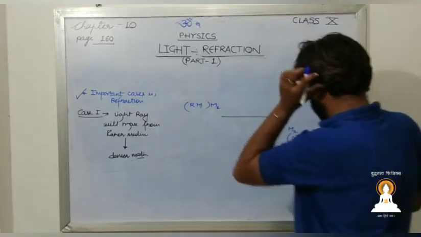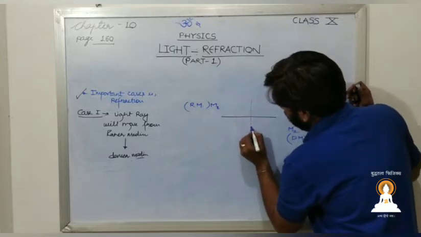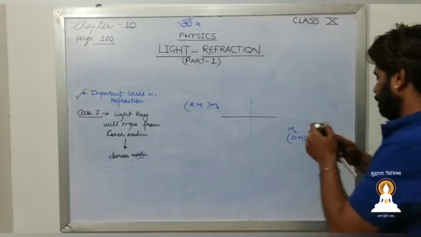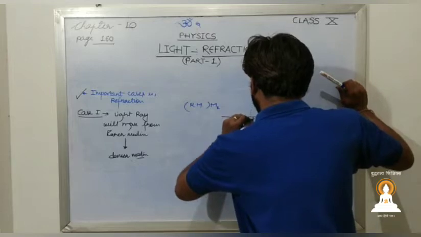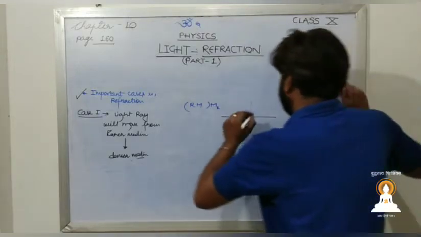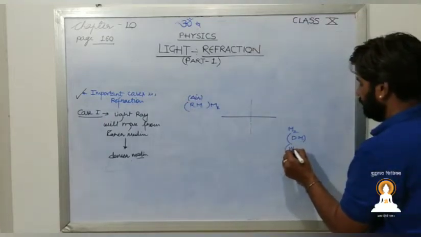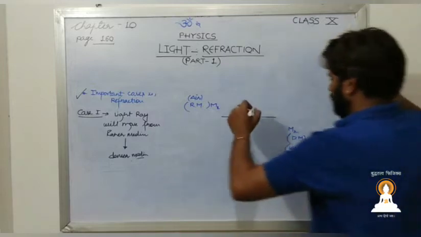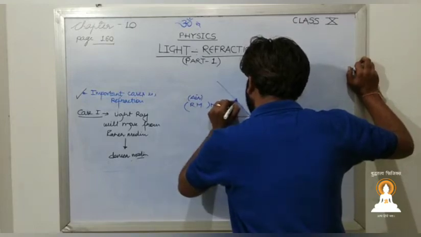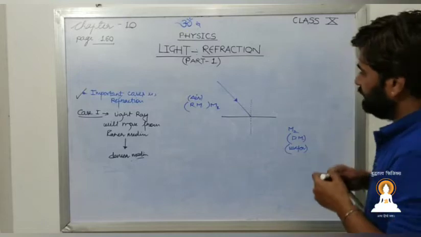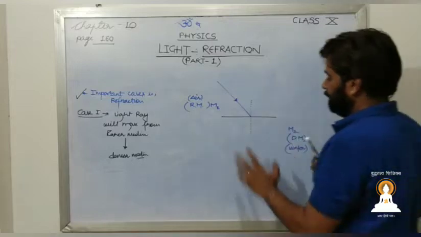Now we are going to have a normal there. When a ray of light comes from a rarer medium, say this rarer medium is air and this denser medium is water, as we have already seen, suppose this is the ray of light incident over a particular point on the surface of a transparent medium.